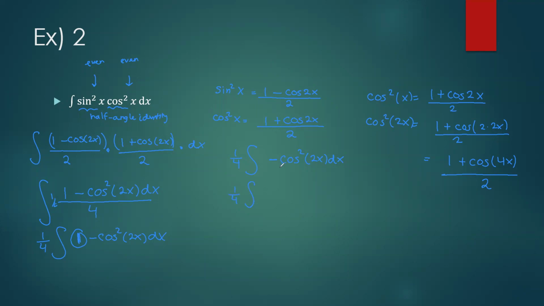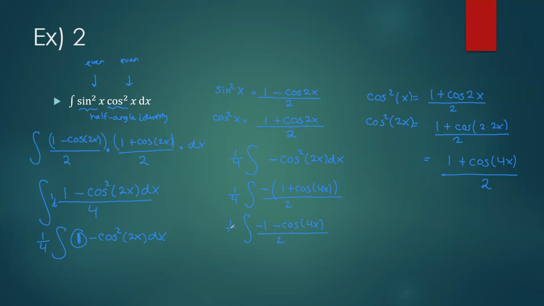So this is going to be minus, and then cosine square of 2x is 1 plus cosine of 4x all over 2. So if I FOIL out that minus, it would be minus 1 minus cosine of 4x all over 2.